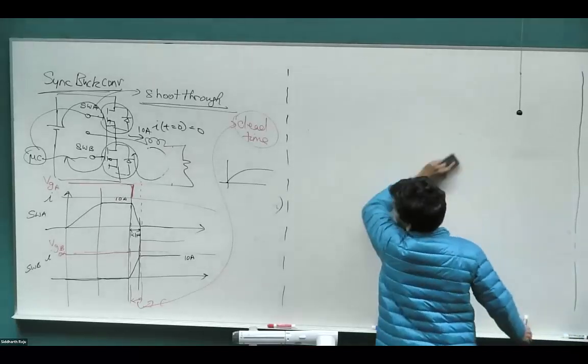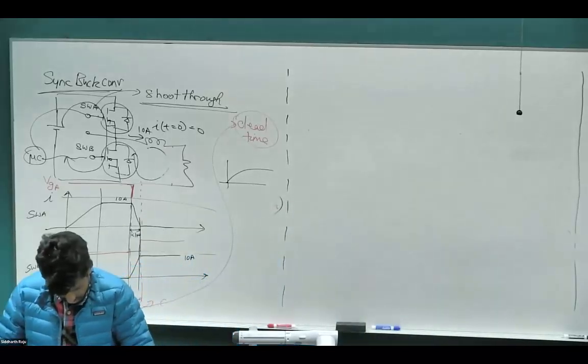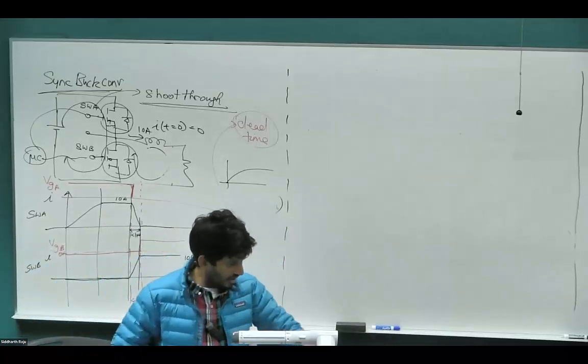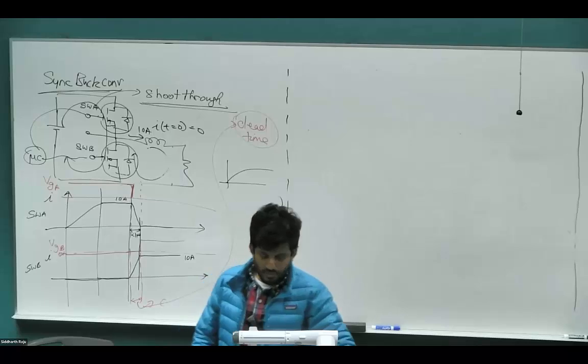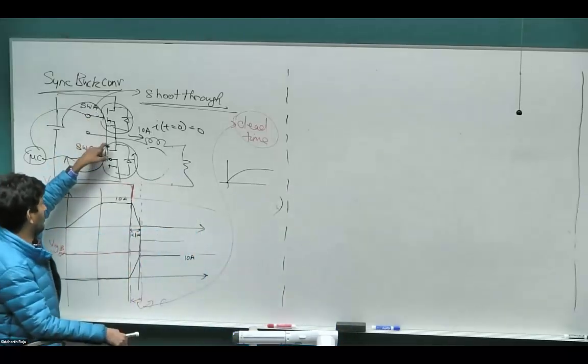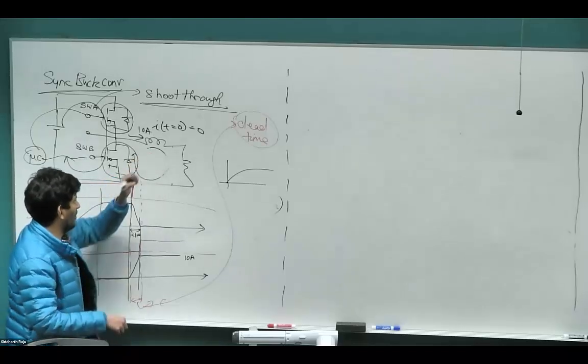So let's look at a quick demo. What we have on the table here is basically this arrangement where we have these two switches and the lamp load. A lamp is typically modeled as a resistor.